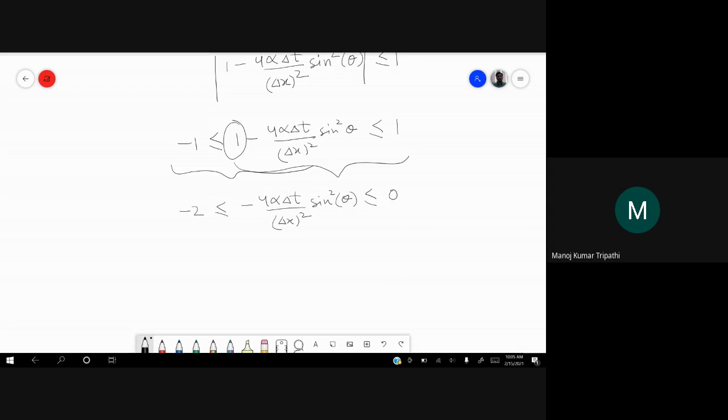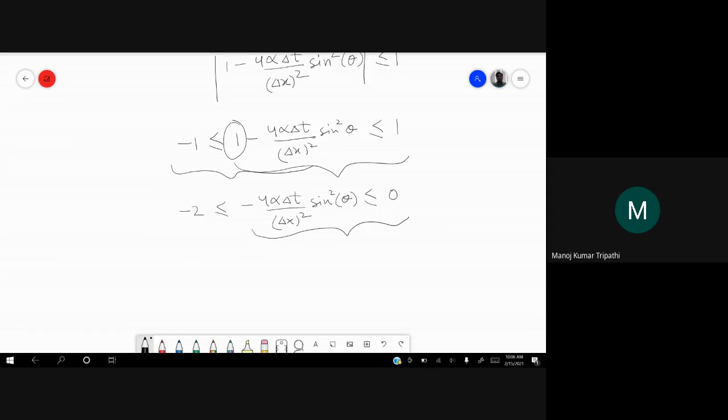Now if you see the second inequality here, delta t is positive because it is a time step. Delta x is also positive. It is a grid size. Alpha is thermal diffusivity, which is also positive. Sine square theta is also always positive.